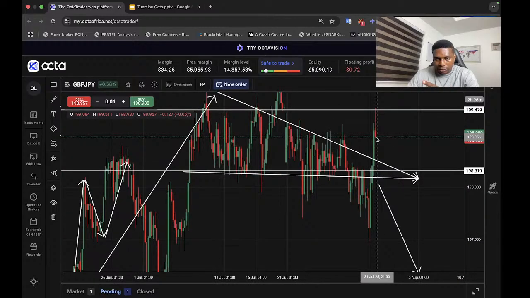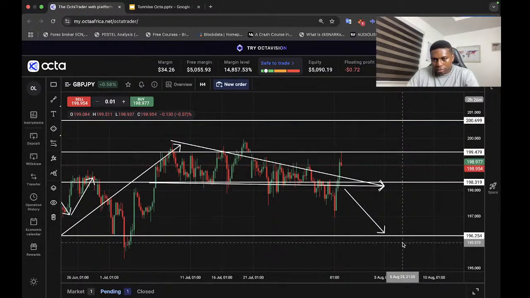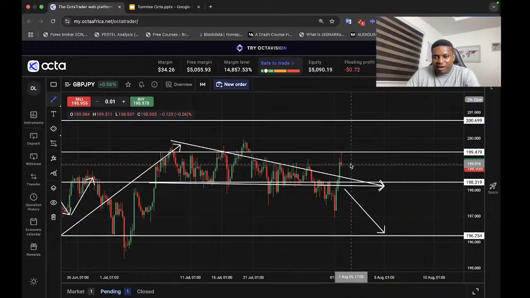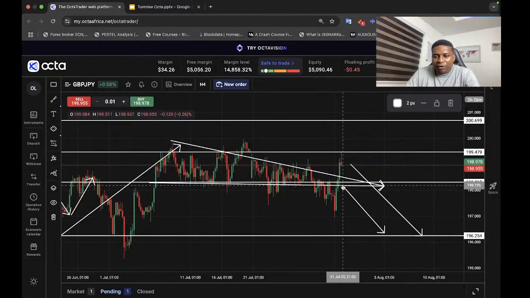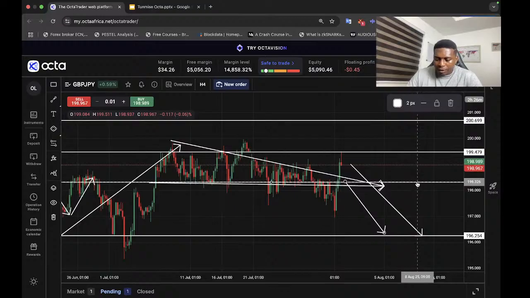You can either sell at the current market price and ride the price down, or sell from the next supply zone. So you can either sell at the current market price or set a sell stop. When you set a sell stop, when the market comes there, your sell stop is triggered and your sell is activated.